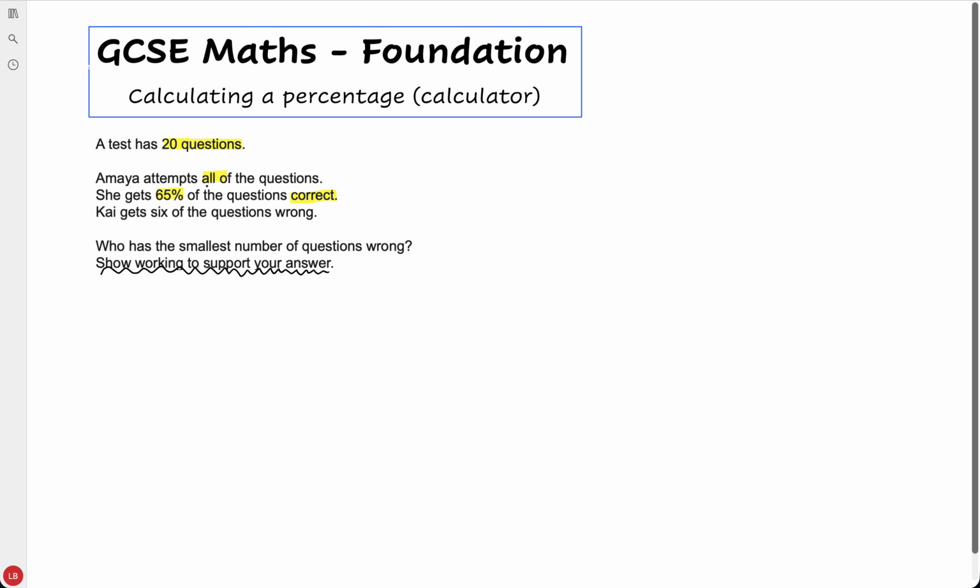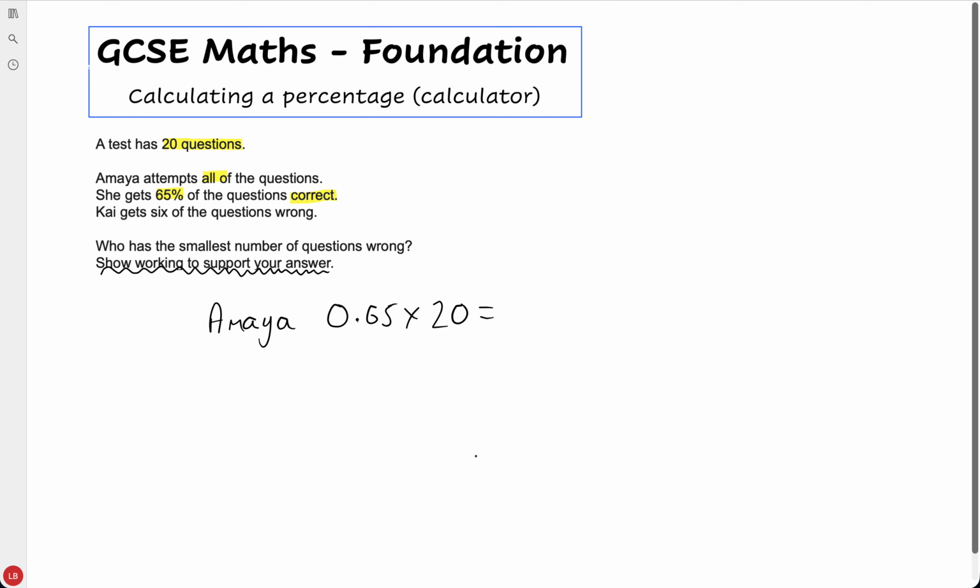Right. Let's go back to writing some working out then. 20 questions. Amaya attempts all of the questions. 65% of them she got correct. So let's help the examiner give us some marks. Let's tell them, this is from Amaya. 65% of 20 questions correct. So we know 65% is 0.65. Of is times 20 questions.